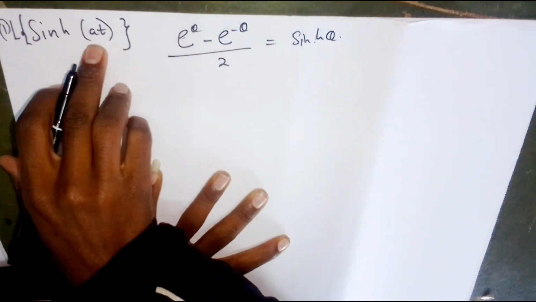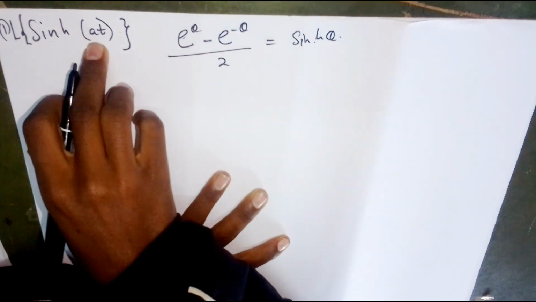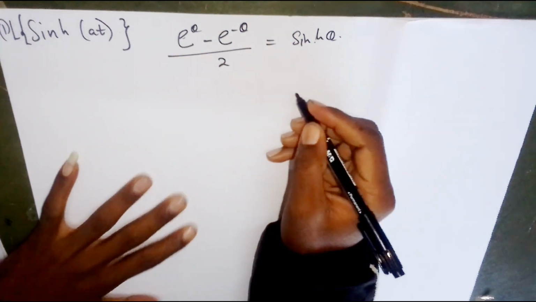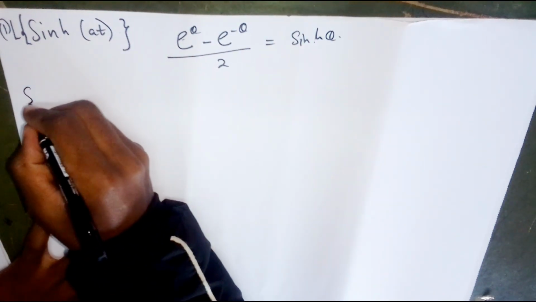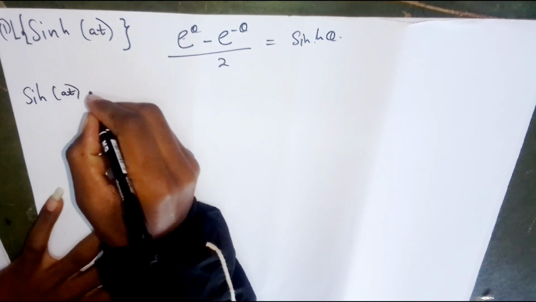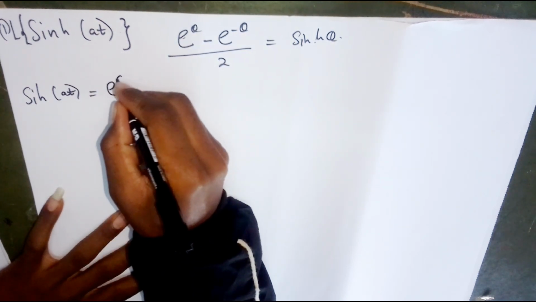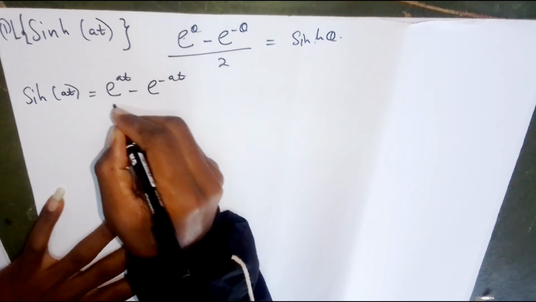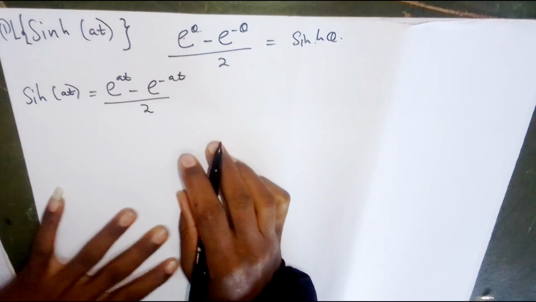But now we are not having theta, we are having at. So it means we are going to say sine at is equal to e to the power at minus e to the power negative at all over 2.